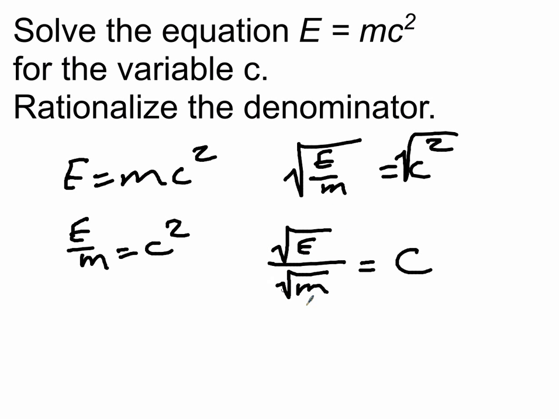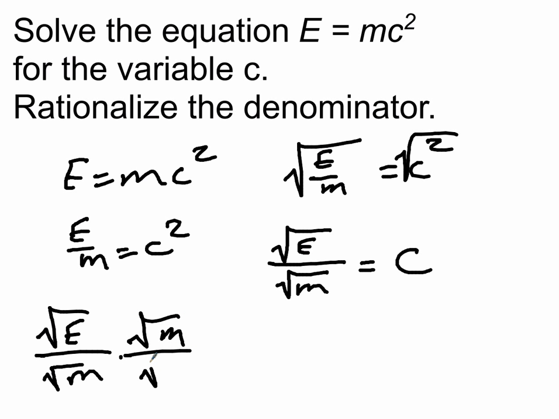Now I need to rationalize the denominator. I need to change this expression to something that's equivalent but doesn't have an irrational number in the denominator. So I'm going to multiply the square root of e over the square root of m times the square root of m over the square root of m.